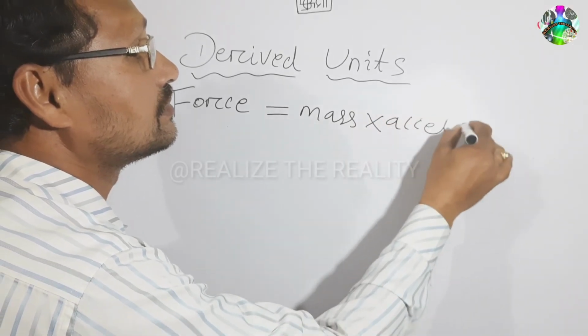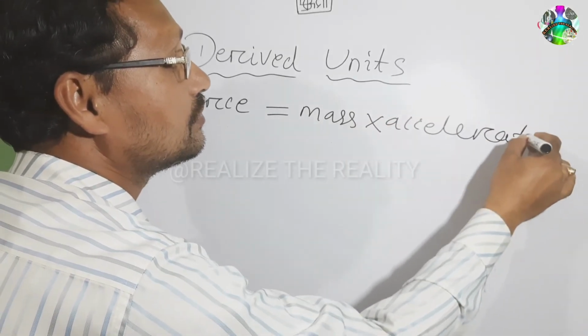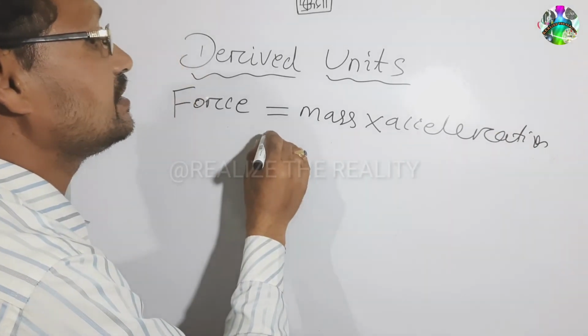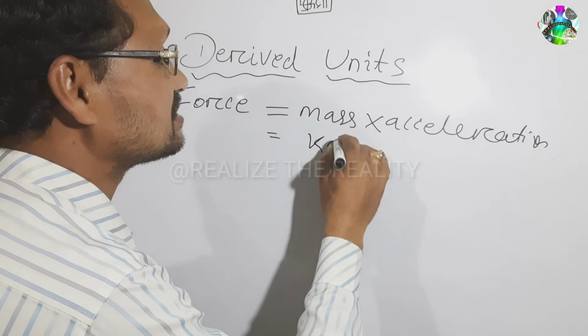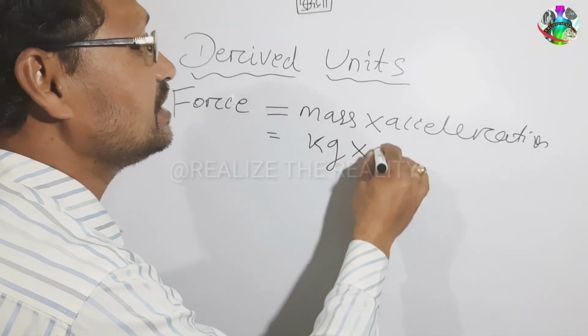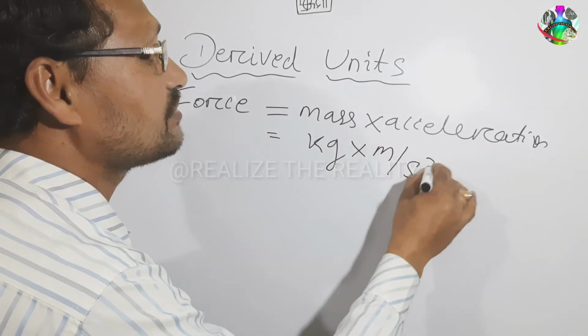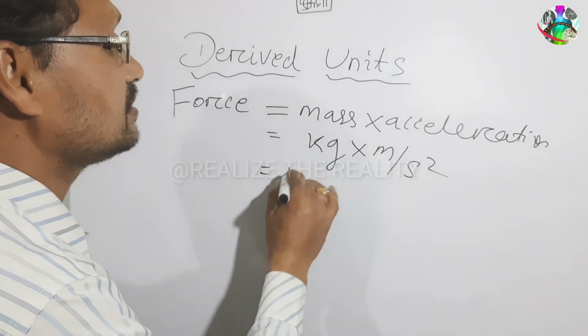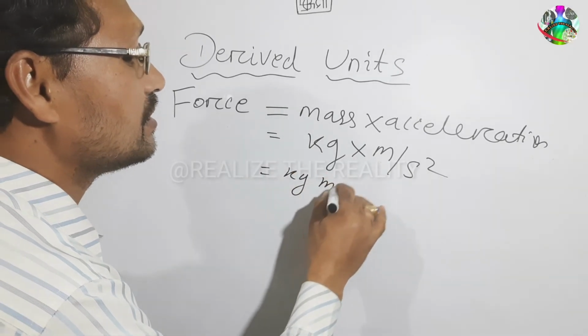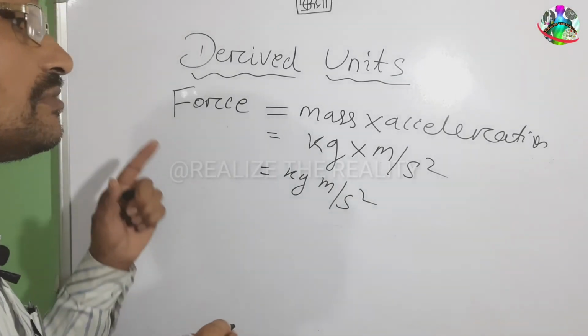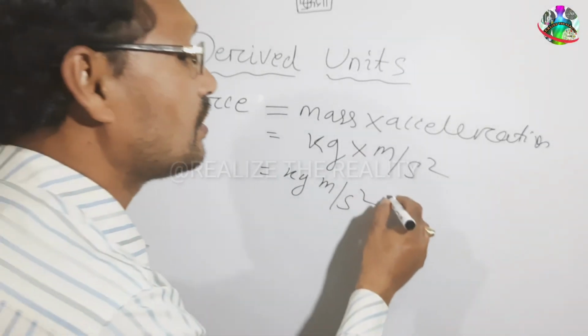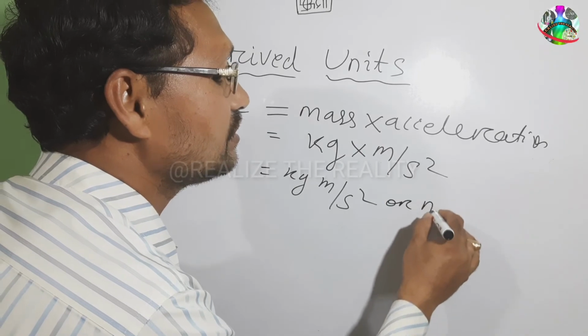That you know. So if mass is taken in the SI system or MKS system, the unit of mass is kilogram. Acceleration is meter per second square. So we can say kg meter per second square is the unit of force in the SI system, or we can say it is a newton.